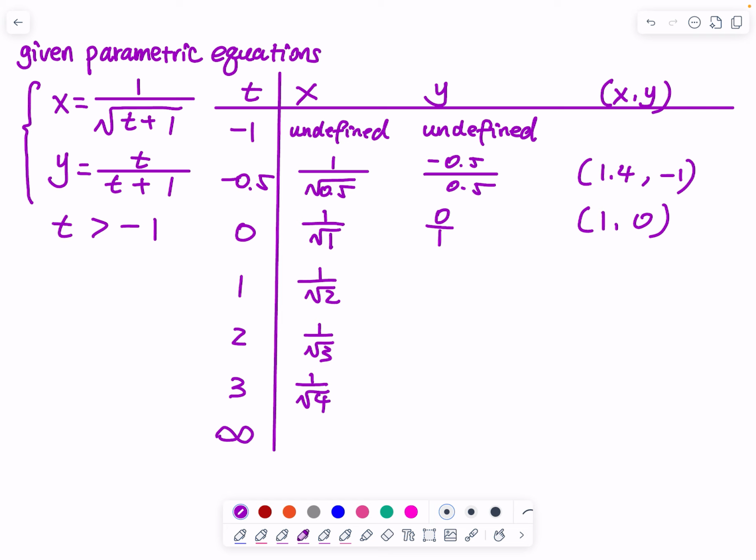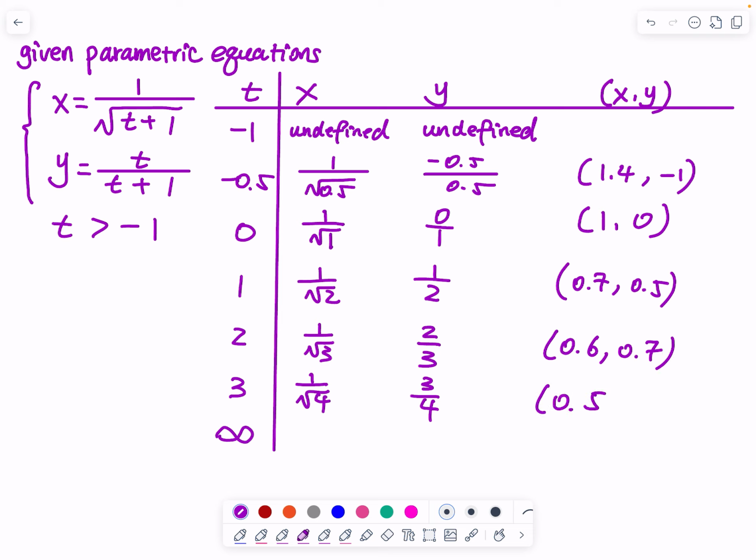When t is equal to 1, I have 1 over 2, 2 over 3, and then 3 over 4. This is 0.7 comma 0.5. This is 0.6 comma 0.7. This is 0.5 comma 0.75.